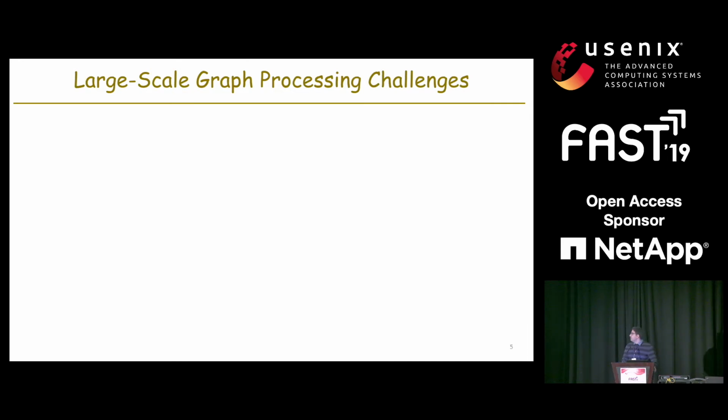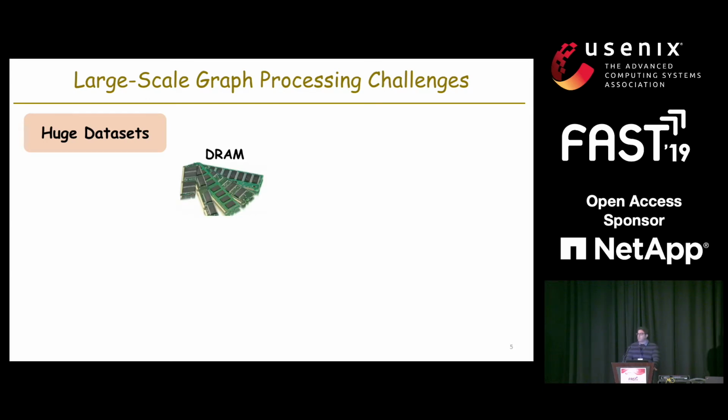But large scale graph processing is challenging because graph dataset size is usually very huge, and graphs with billions of vertices and edges are very common, which can account for terabytes of data. Typically, graph data is stored on DRAM memory and accessed there.